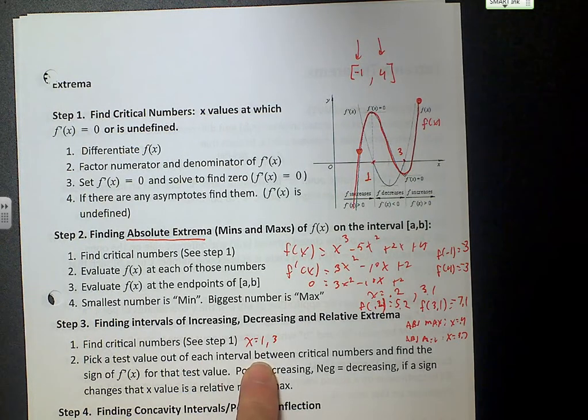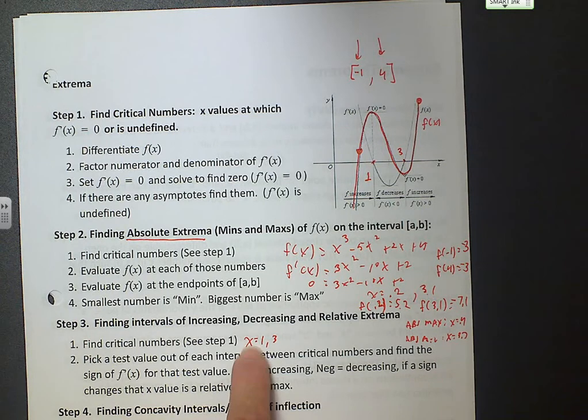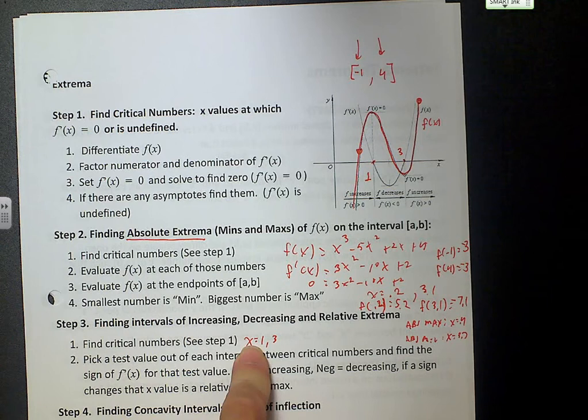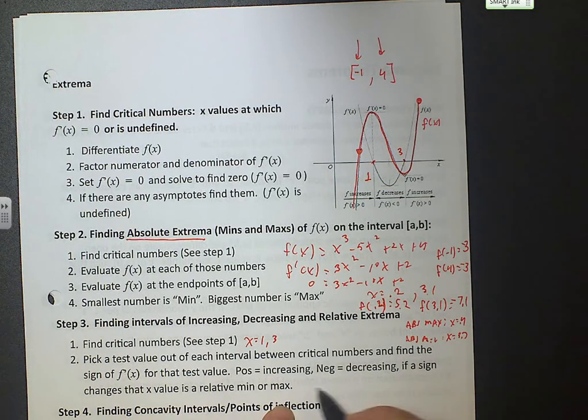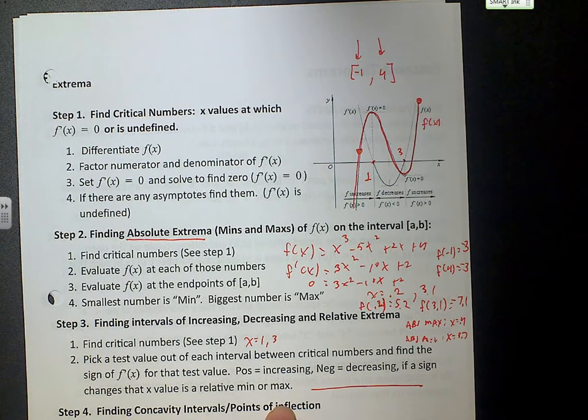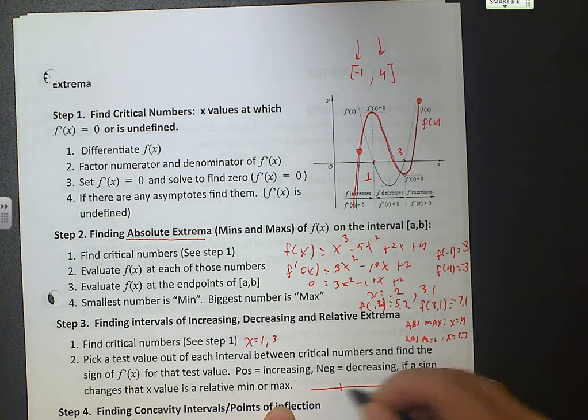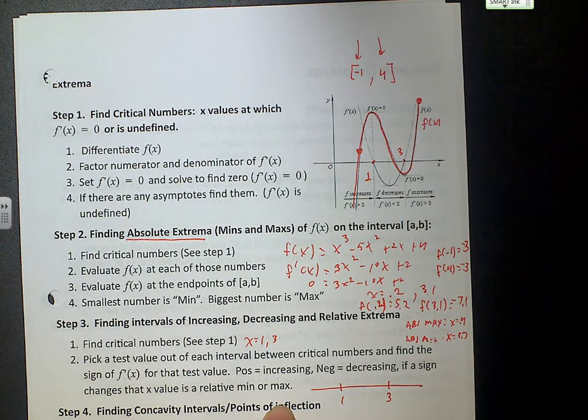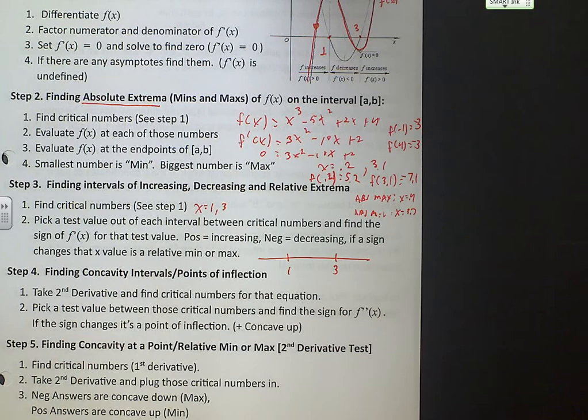We're going to pick a test value out of each of those intervals and ask the question, is f prime positive or negative in those intervals? So this is a graph you're going to draw a bunch. You draw a horizontal line and put all your critical points on it. You pick numbers that are in each interval.